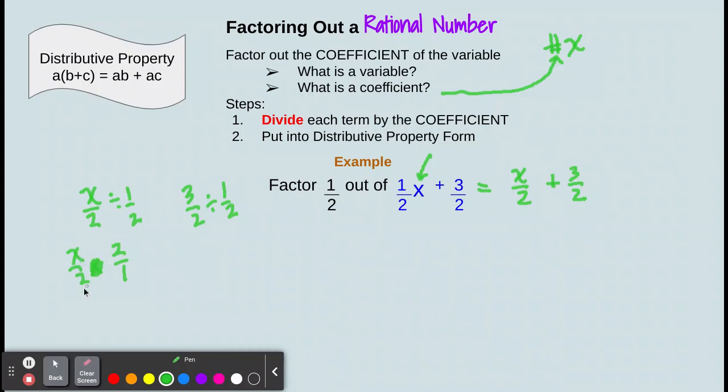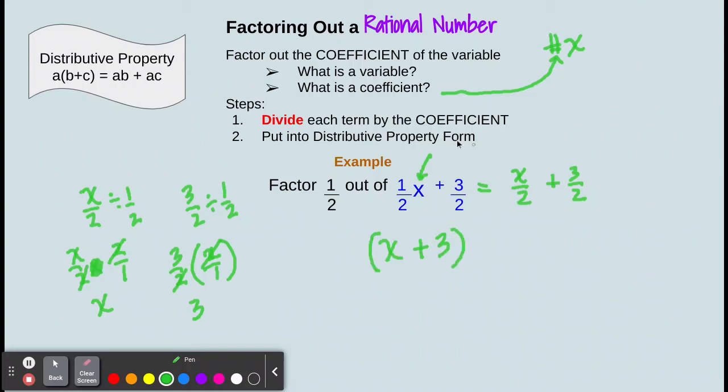So this ends up being just x, right? Because this can cancel out. And then this one becomes 3/2 times 2 over 1. These can cancel out, so this just ends up being 3. So when we divide our expression by the coefficient, we get this.